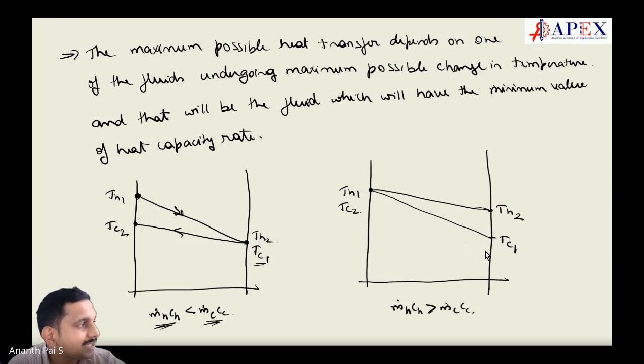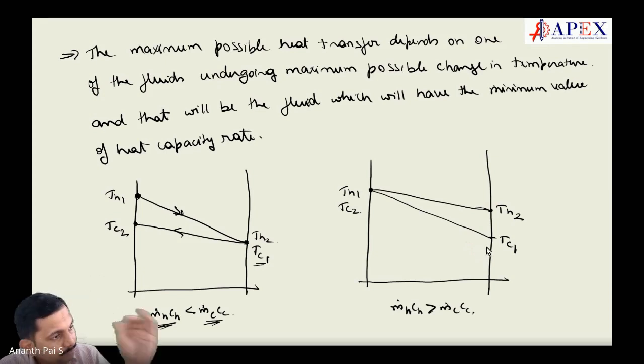That gives the maximum rate of heat transfer. When will the maximum heat transfer in the heat exchanger happen?